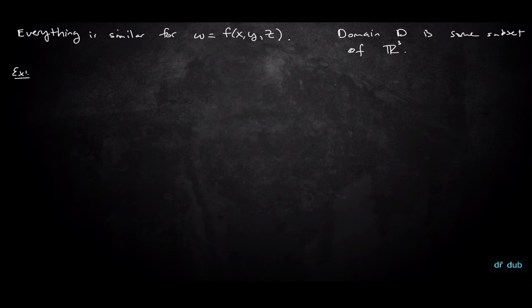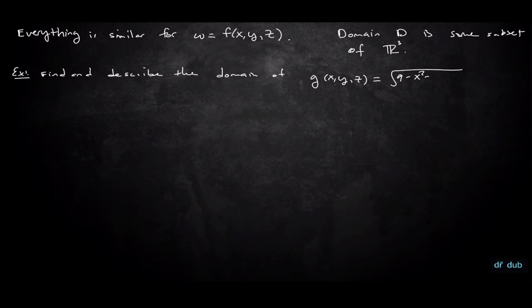So for example, find and describe the domain of g of x, y, z equals square root of 9 minus x squared minus y squared minus z squared. So find the domain and then describe it, so kind of give an idea of what it would look like. If this is the function, then what do I need?